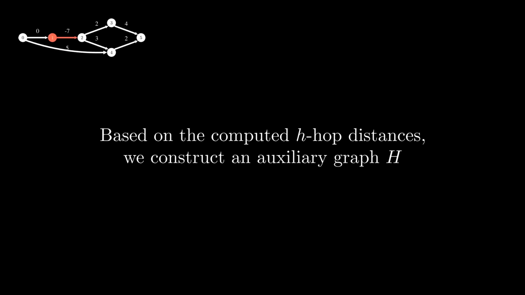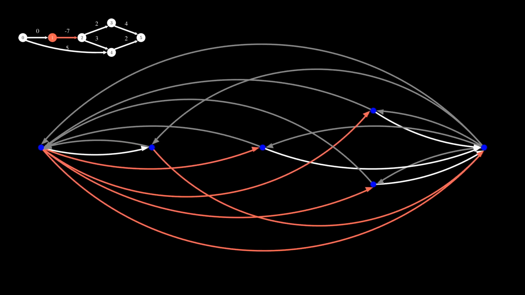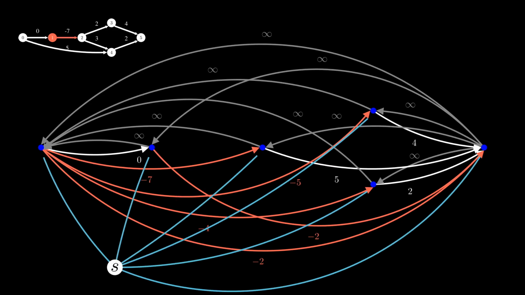Now we can construct an auxiliary graph H, where the weight of the edges is the recently computed h-hop distances. Finally, we compute a price function from the auxiliary graph, which we want to reweight our initial graph with. To compute this price function, we insert a supersource and connect it to all vertices in the auxiliary graph.